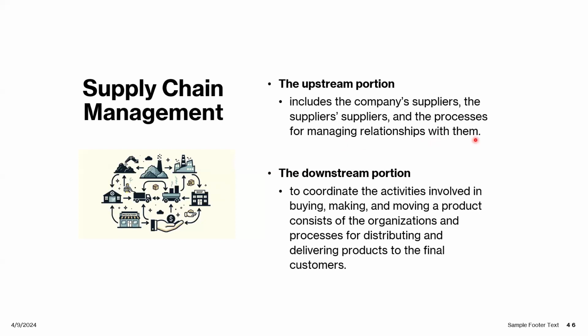So this is the upstream, where we do procurement, purchasing, manufacturing, quality control, and so on. The downstream is to coordinate the activities involved in buying, making, and moving a product, consisting of organizations and processes for distributing and delivering products to our end users, right? So the downstream part will include more towards distributors, retailers, and the consumers, right?